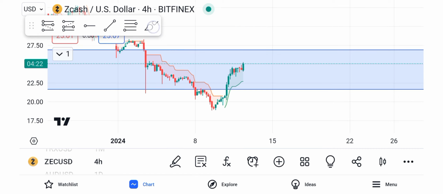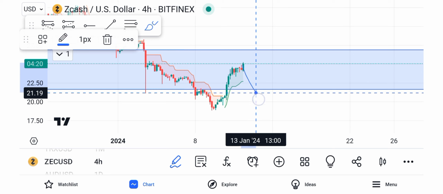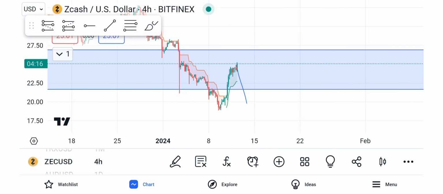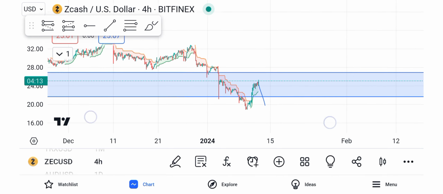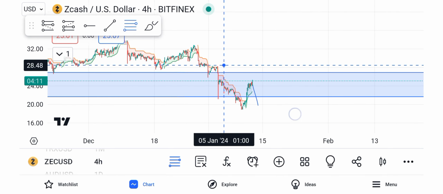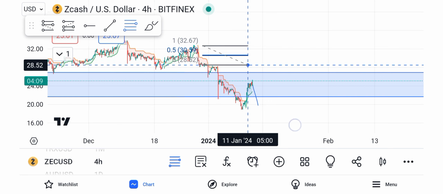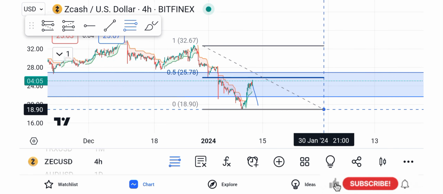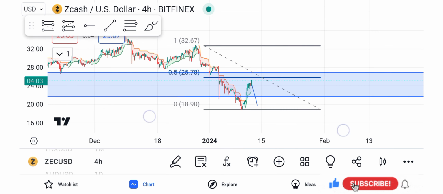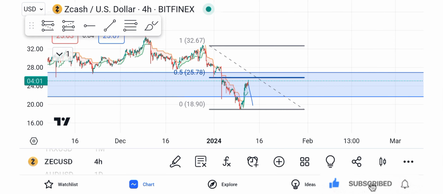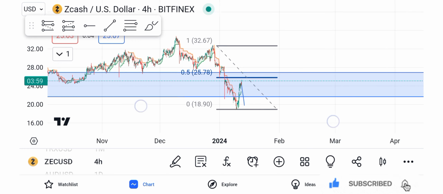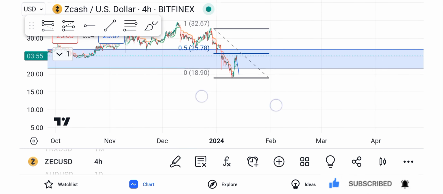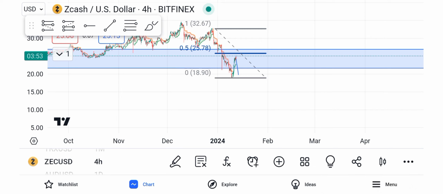If it comes back down and prints a good sell for us, then we're going to look for selling opportunities. And where could we put our take profit level? Okay, so we're going to leave this Fibonacci level here and see how that plays out. So if it hits that Fibonacci zone and gives us a beautiful sell, we're going to use the Fibonacci extension to determine our take profit level. Alright, so let's see how that goes.